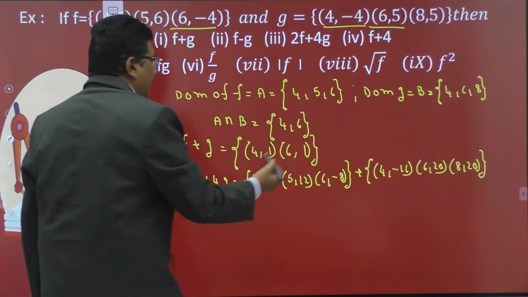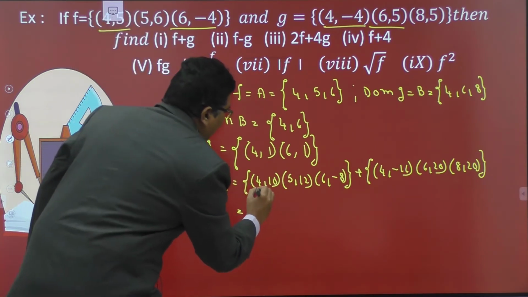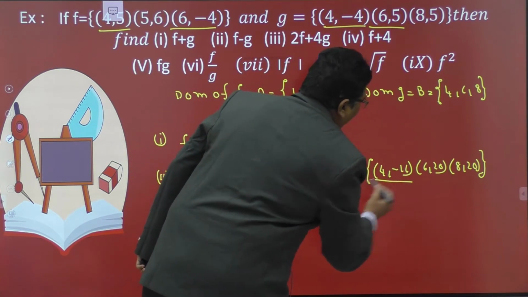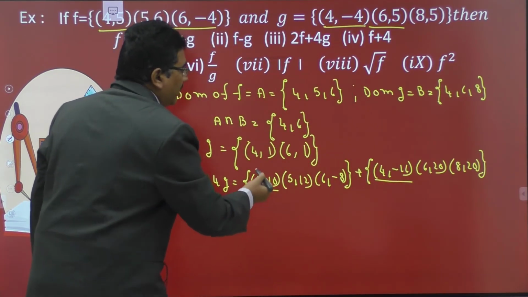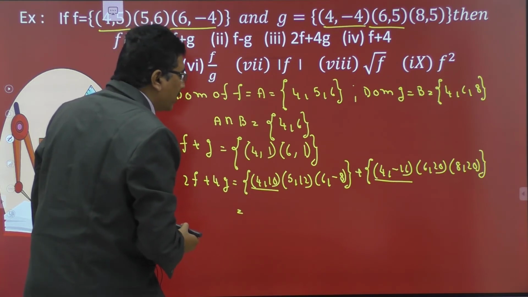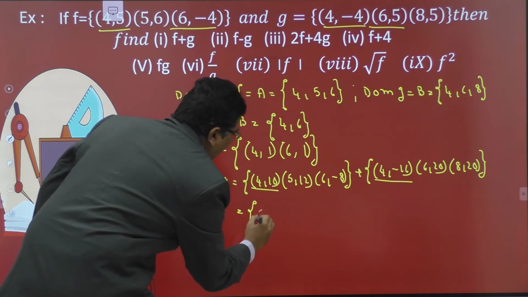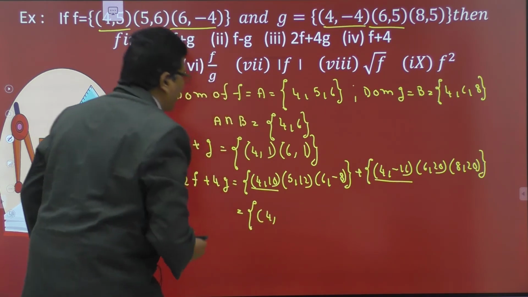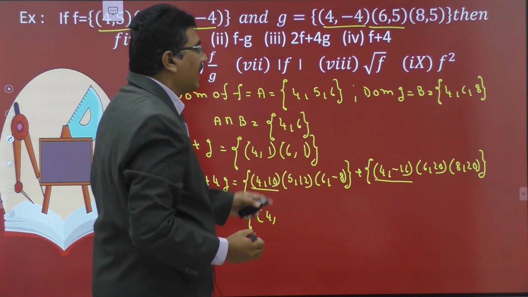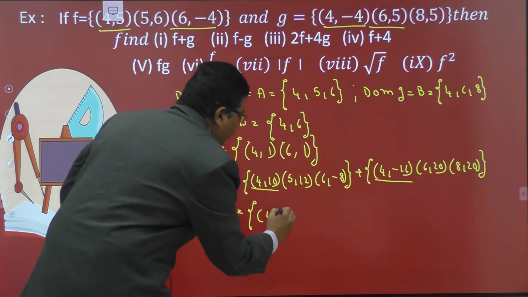Now adding these two. Here this is (4, 10) adding with (4, -16), because the first component is the same for both ordered pairs, so the set of all ordered pairs (4, ...). Here 2f plus 4g, so 10 plus -16 is equal to -6.